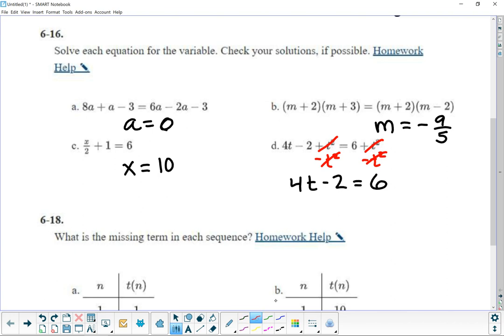From here, I'm going to add 2. That's going to cancel, so I'll have 4t equals 6 plus 2 is 8. I'm going to finish off by dividing by 4. That's going to cancel, and I will finally have my t all by itself. t equals 8 divided by 4, which is 2.